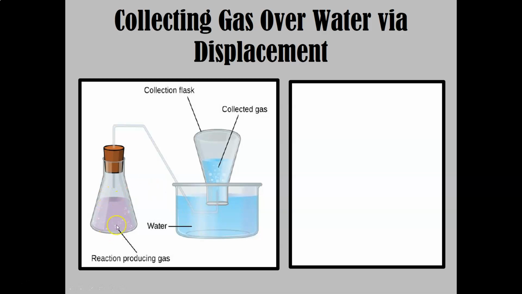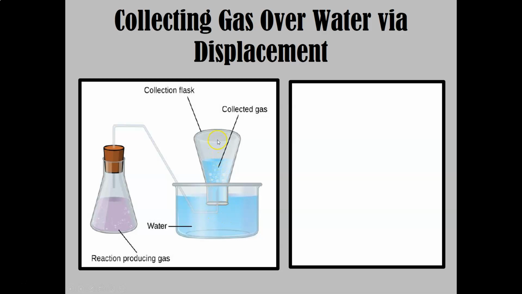So the gas is being created. We have an upside down container here in a bucket of water, and there's a tube that will allow the gas from the reaction to go into this beaker, into this flask.